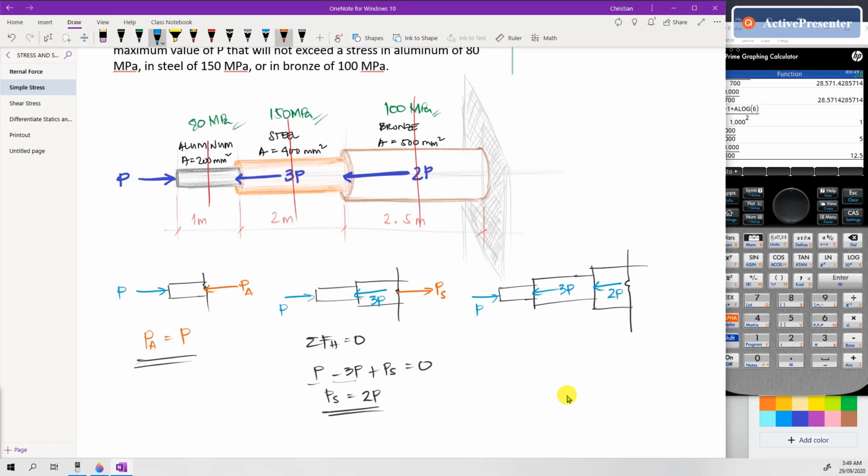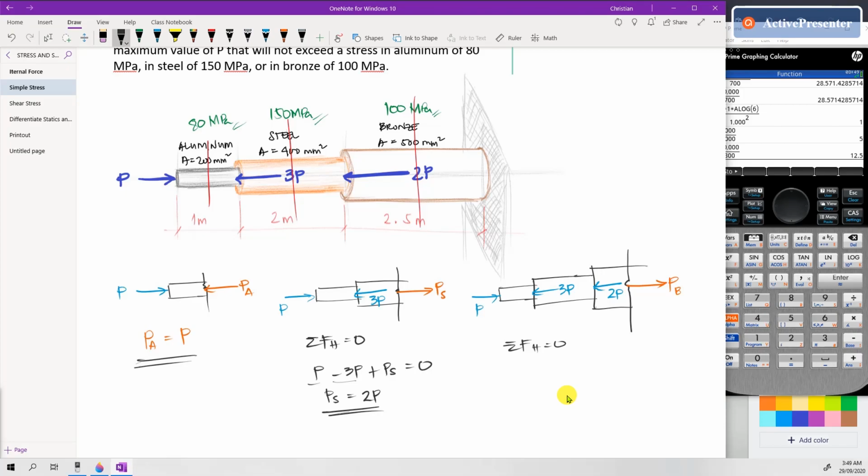Okay? So, assume ko na ito yung direction ng internal force P sub B para sa bronze. Okay? Then, again, summation of forces horizontal to be equal to 0.